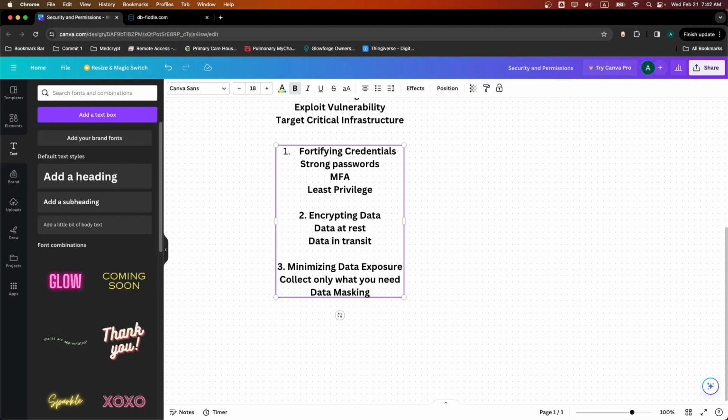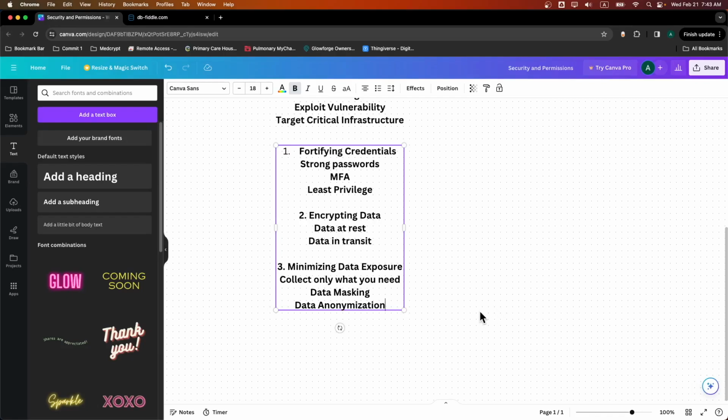And then data anonymization. What it means is, for certain use cases, you should consider anonymizing data by removing the personally identifiable information before you use it for analysis or other purposes.